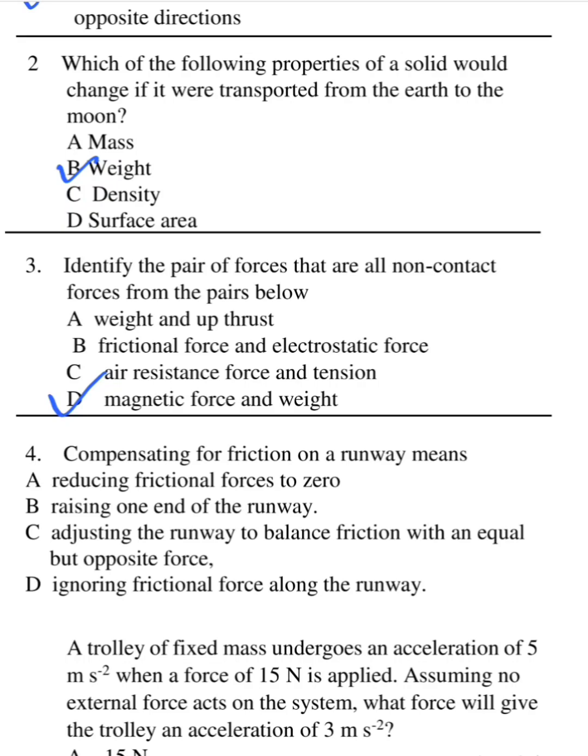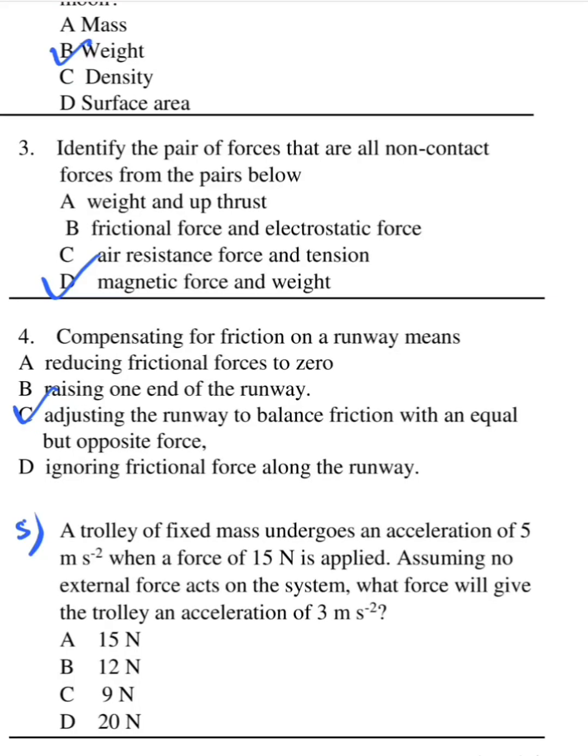C, adjusting the runway to balance friction with an equal but opposite force. Yes, usually on the runway, the experiments seek to give a trolley that is running on it a uniform velocity, and that can only be achieved by providing a component of the weight of the trolley that will just balance the friction on the runway.